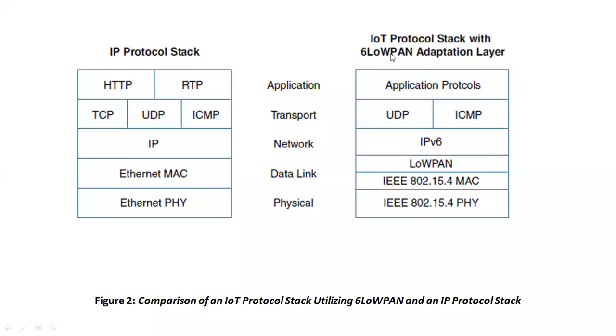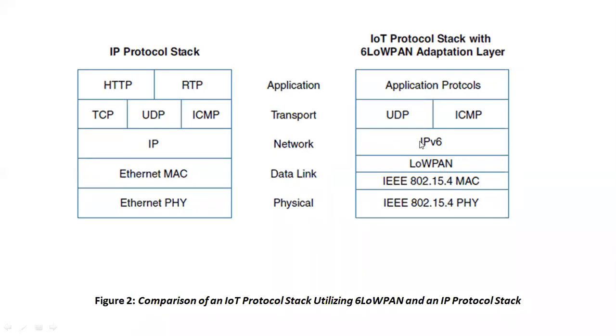But here, once you observe the right side diagram, you can see the physical protocol is, instead of Ethernet, here we are using the IEEE 802.15.4 physical layer, and the data link layer is also the same. And here you can observe we have inserted this adaptation layer, which is 6LOWPAN, in between the network layer and the data link layer.